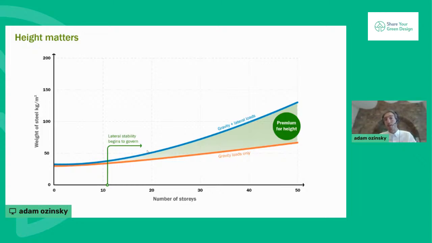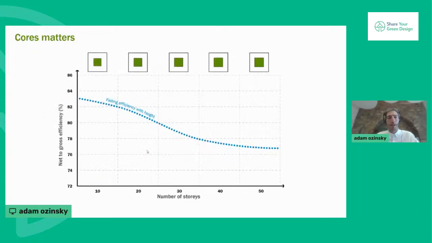And the way we prevent it from blowing over is we just add material. We add concrete, we add steel. So height is really important. If we want to design low carbon buildings, we've got to design low rise buildings. We call this the premium for height. And there's a knock-on effect as well, which is the higher we go, the more the cores matter.